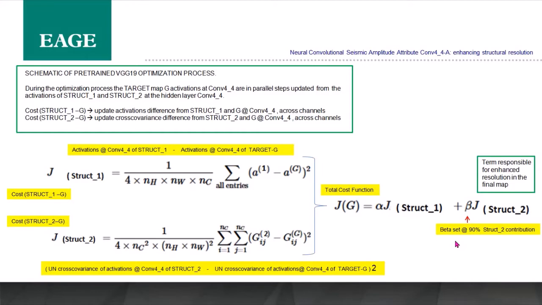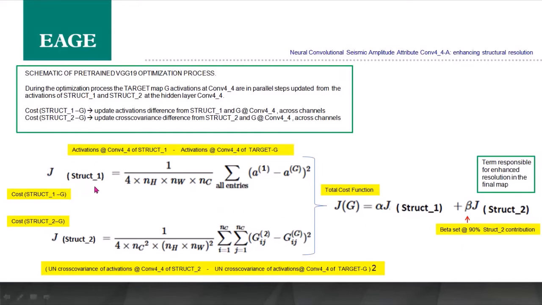Cost struct1g updates the activation difference from struct1 and G at Conv44 across channels. Cost struct2g updates the cross-covariance difference from struct2 and G at Conv44 across channels.